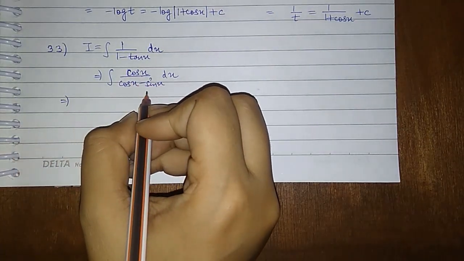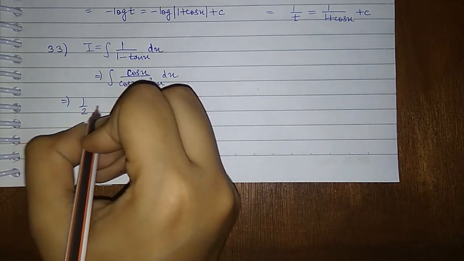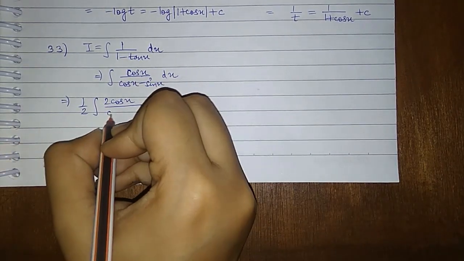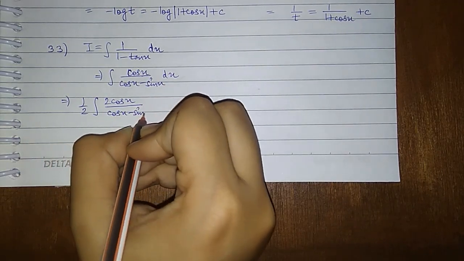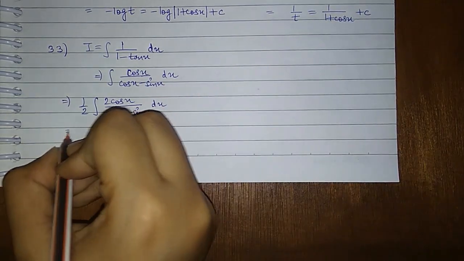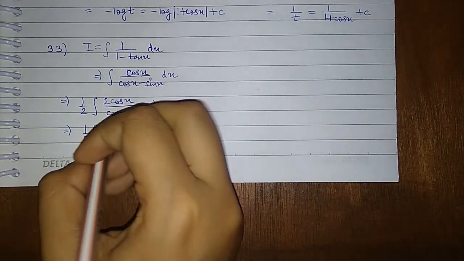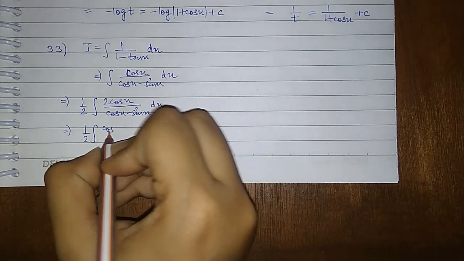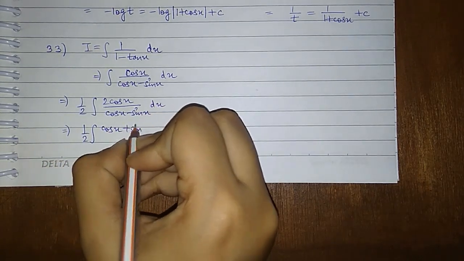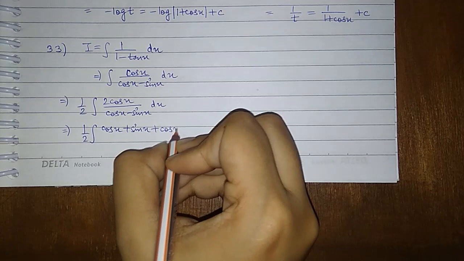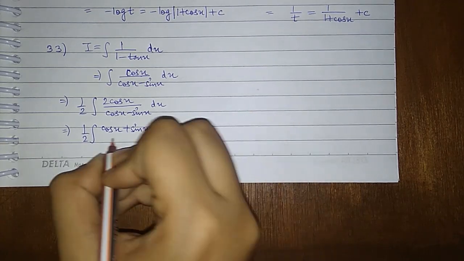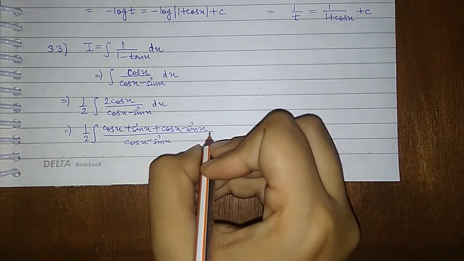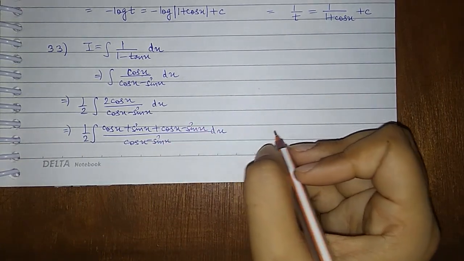Now multiplying and dividing by 2, half integration of 2 cos x upon cos x minus sin x dx, half of integration of, adding and subtracting sin x in the numerator, we will get cos x plus sin x plus cos x minus sin x upon cos x minus sin x dx.